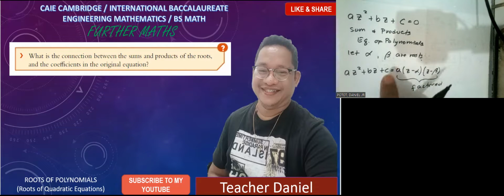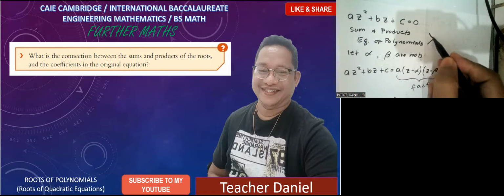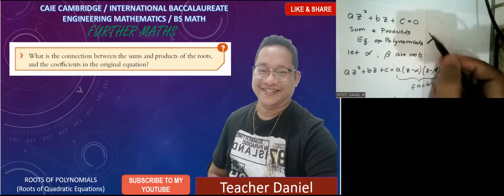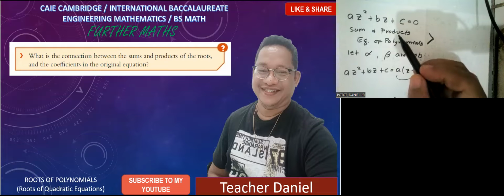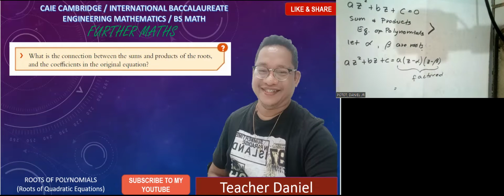The one that we're looking for is the relationship between these two. I just want to make it clear, because the computation could be a bit complicated, but that's precisely what we are looking for: the relationship between the sum and the products of the roots and the equation of the polynomial. And as I said, we are just starting with the quadratic equation.